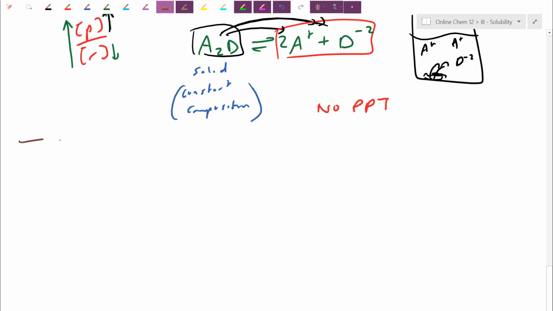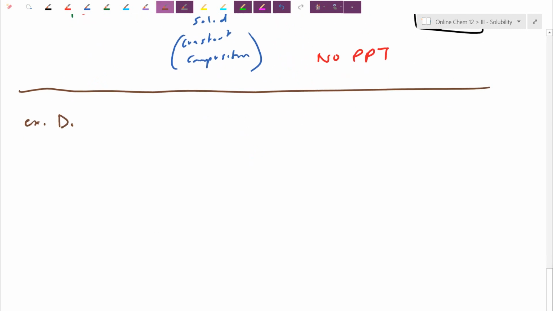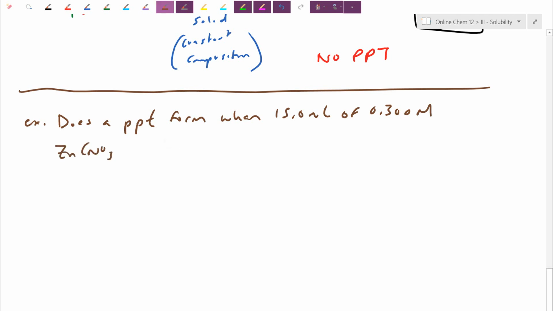Let's walk through a question. These questions are going to be worded in this style here. Does a precipitate form? Are the concentrations high enough when I mix the following solutions? Does a precipitate form when 15 milliliters of 0.300 molar zinc nitrate is added to 25 milliliters of 0.430 molar strontium hydroxide.